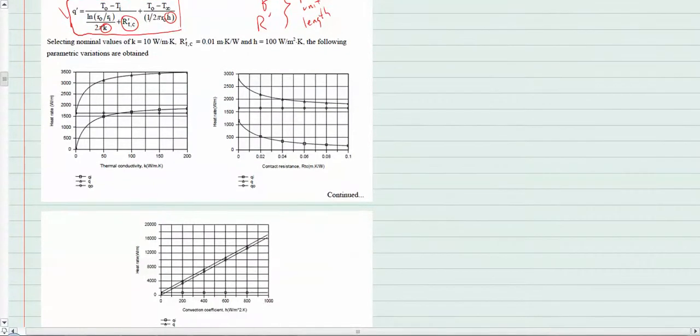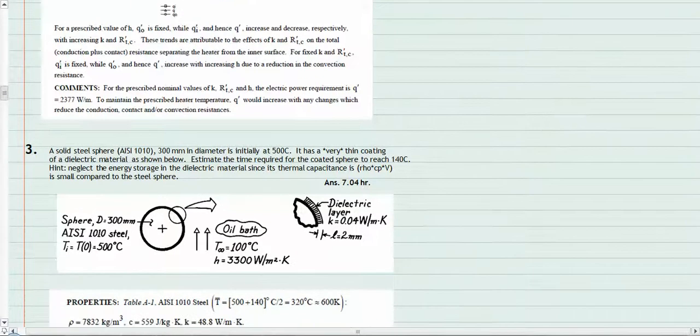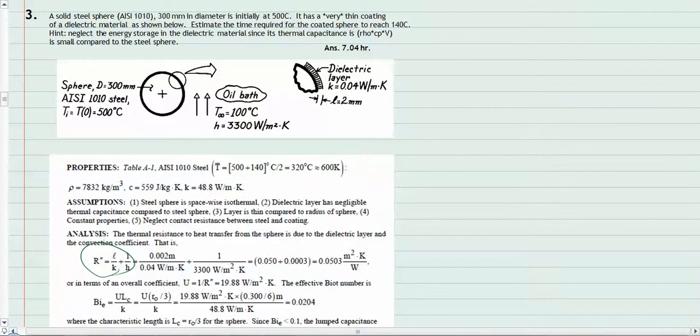As you go forward into the next problem, right away, I think you want to ask yourself, how can I attack this? And since it's asking for how a value of temperature changes over time, I want you to right away think lump capacitance.